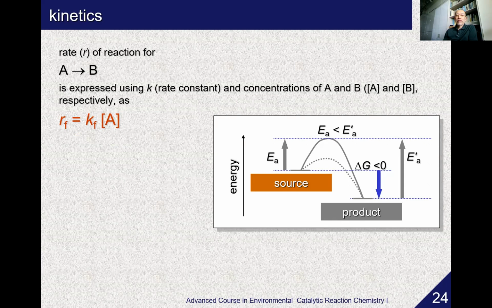For the backward reaction, RB equals KB times B.